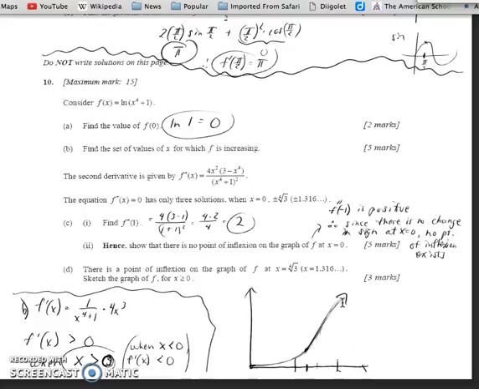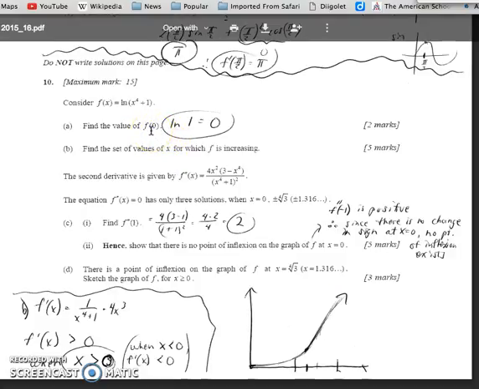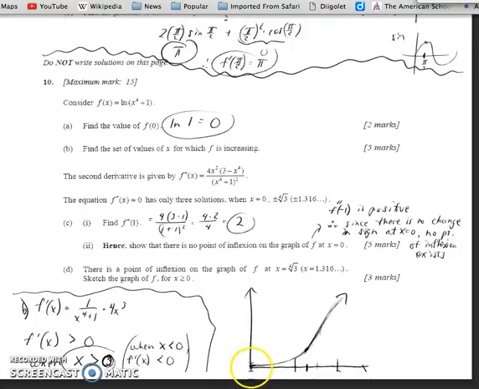All you're basically trying to show is that you know that f of 0 is 0. So on my main graph, f of 0 is 0, this point right here. And at 1.316 I have a point of inflection, so it's going to go from concave up to concave down.